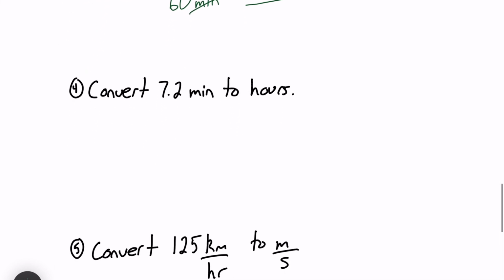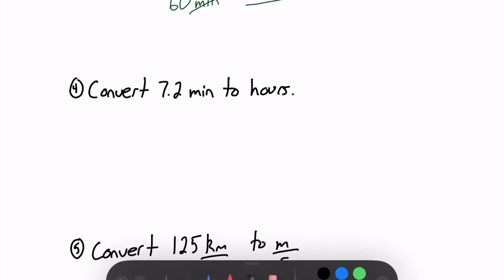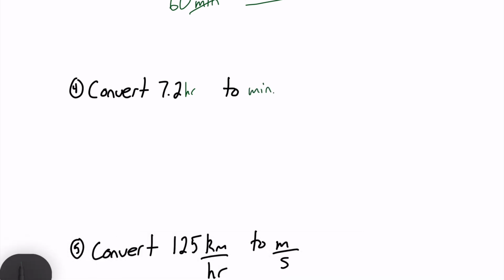All right, we are getting to more time examples here. We have to convert 7.2 minutes to hours. You know what? I'm going to switch this one up a little bit. Let's say 7.2 hours to minutes. So we have 7.2 hours. We'll use a time sign line.